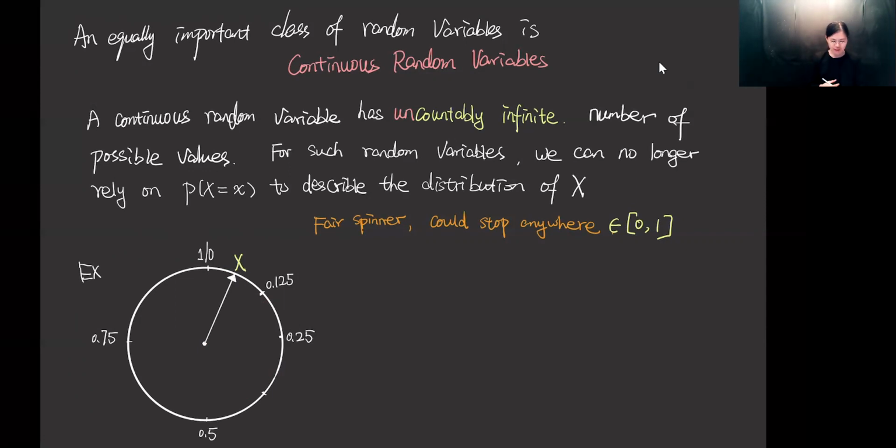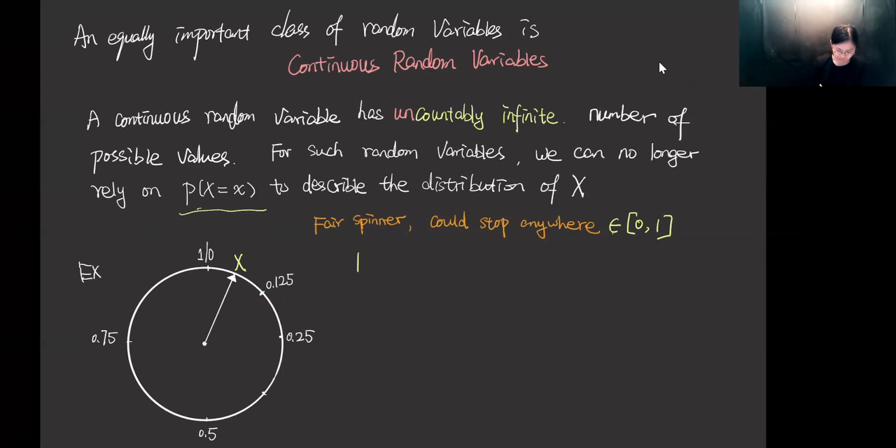And let's see why the probability that X equals little x is not helpful for describing the distribution of X. Suppose that the spinner is a fair spinner, meaning that it doesn't favor any point on the circle. So when you spin it, it could stop at any point with equal probability.